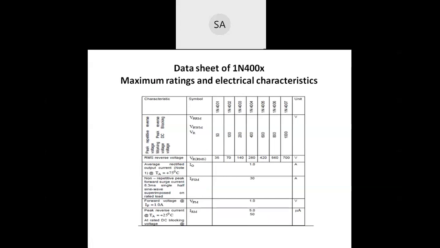The typical junction capacitance CJ is 15 picofarads and 8 picofarads. And the typical thermal resistance, junction to ambient, is 100 kilowatts.